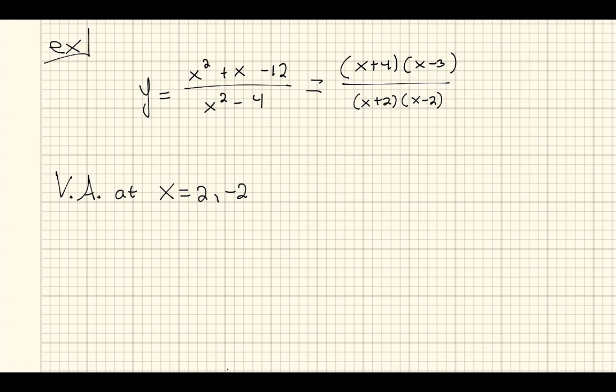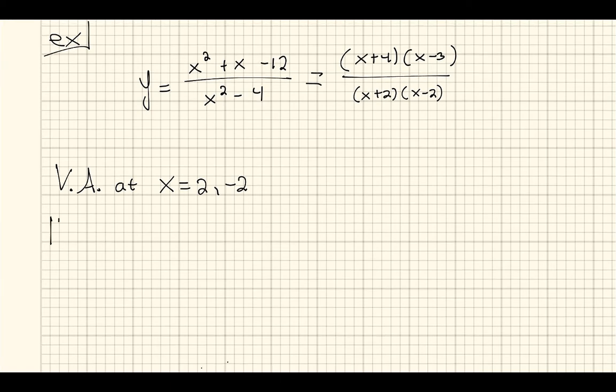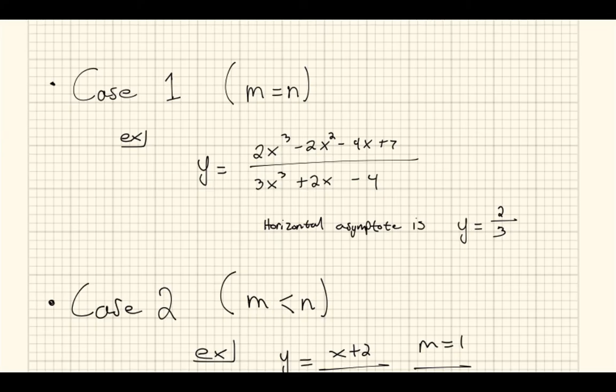Next, let's look for the horizontal asymptote. Remember, we're looking at the degree of the top and the degree of the bottom. So the degree of the top is 2, that's my biggest exponent. The degree of the bottom is 2. And if I go back, recall when m is equal to n, what do I want to do? I want to divide their leading coefficients.